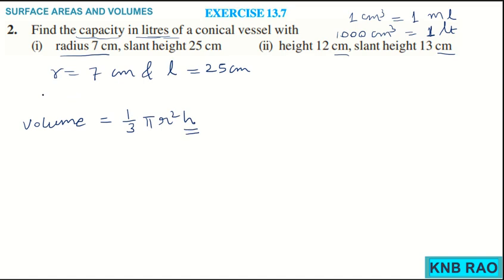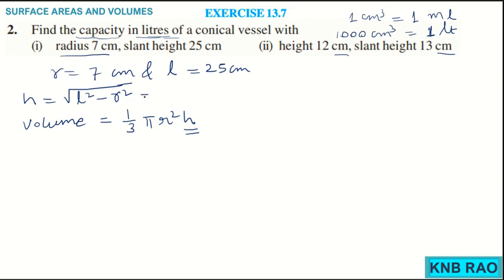That we can find through the Pythagoras theorem, which tells us the relation between h, r and L. h equals square root of L square minus r square. So, through this we will find the value of h.